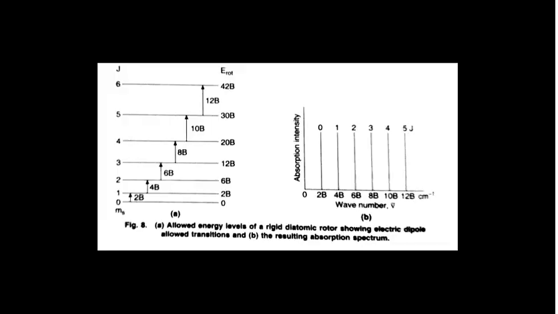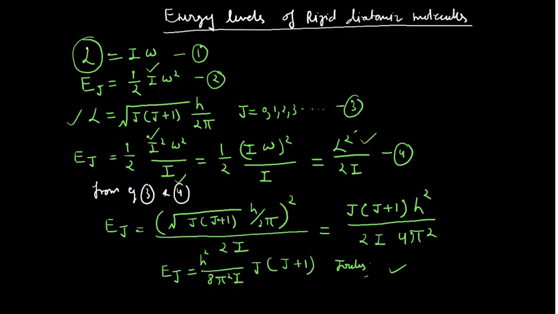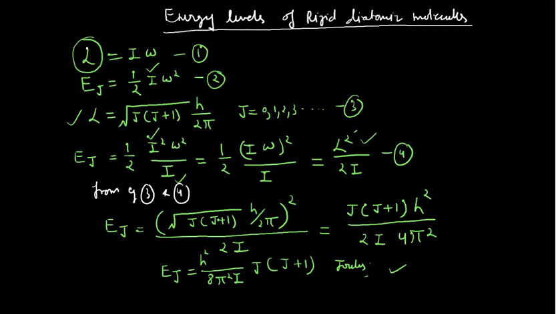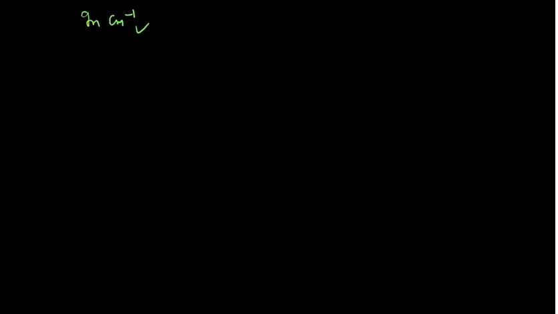But now I can write this energy in terms of centimeter inverse. When you convert this energy from joules into centimeter inverse, Fj is simply your energy in centimeter inverse, nothing else.